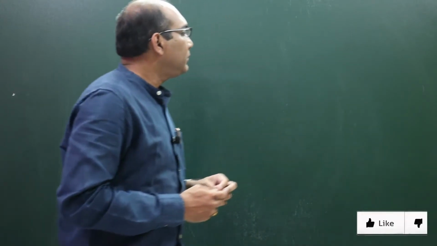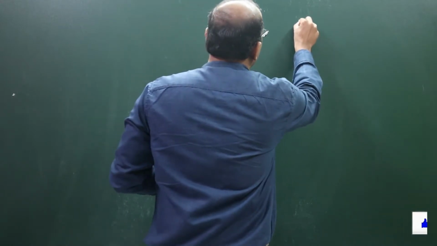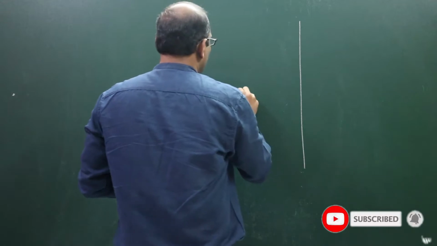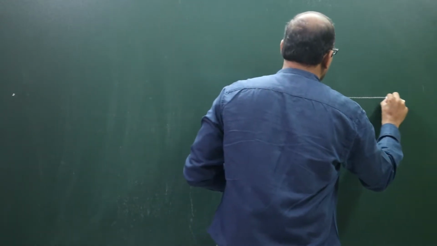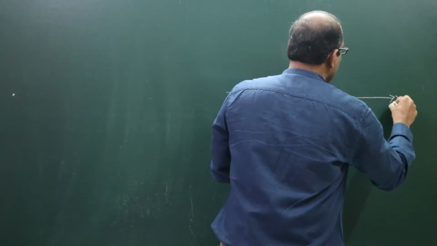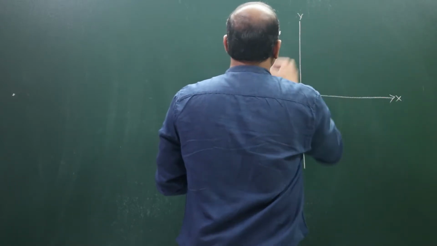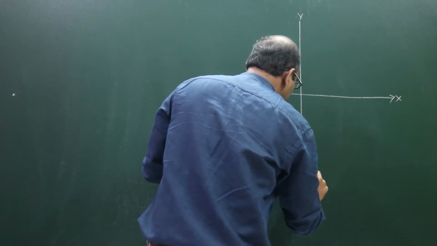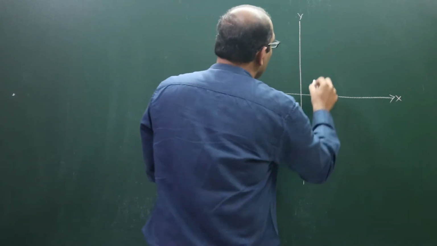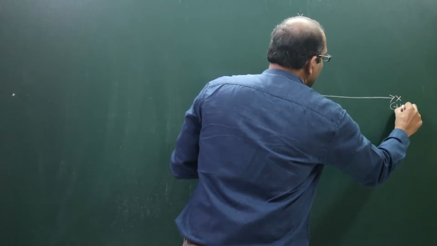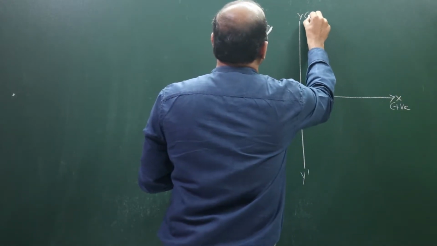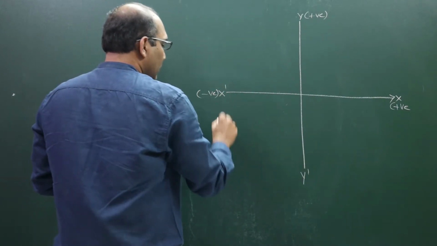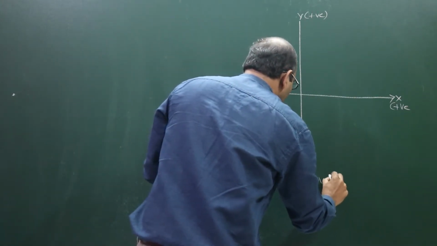Now we'll see. Let us consider the coordinate axis. As we know, this is the positive x-axis, this is the positive y-axis, this is the negative x-axis, and this is the negative y-axis.